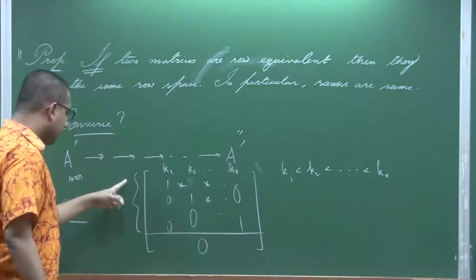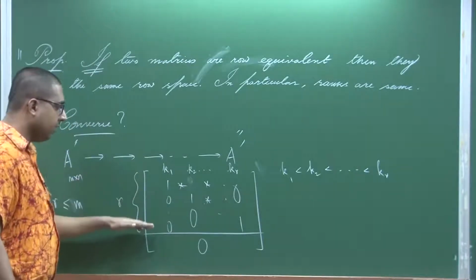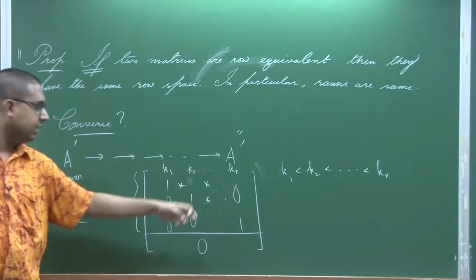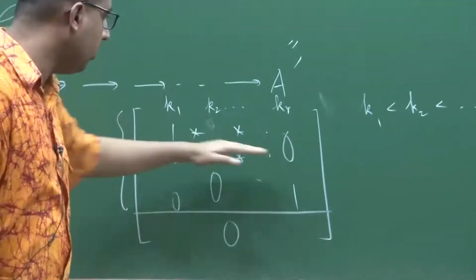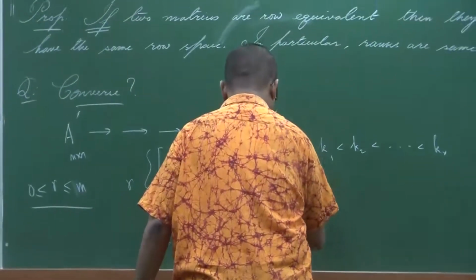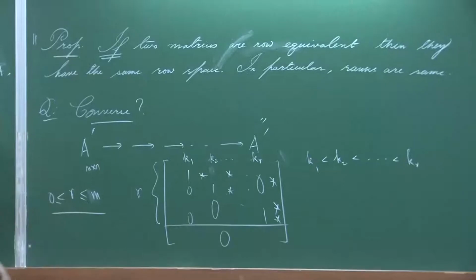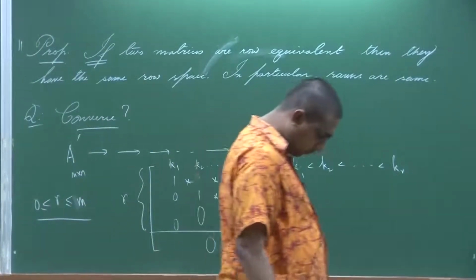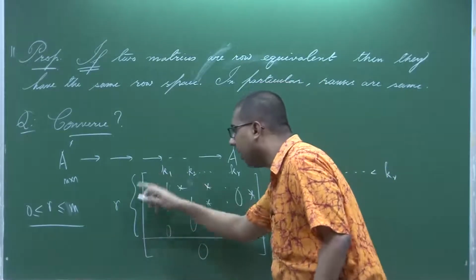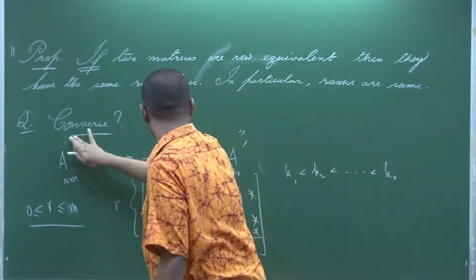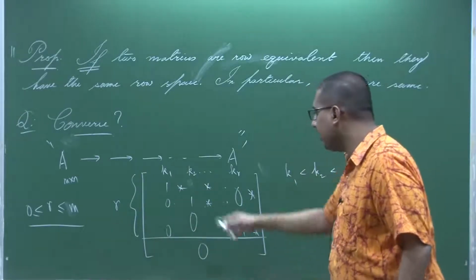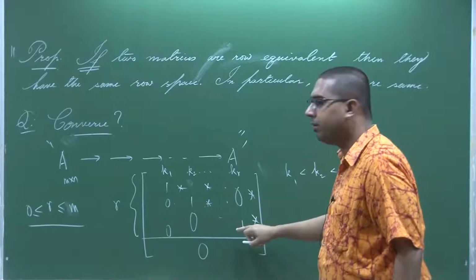The row space of A is thus basically the linear combinations of these row vectors. Now if you look at the rows of A prime, you have R number of such rows.